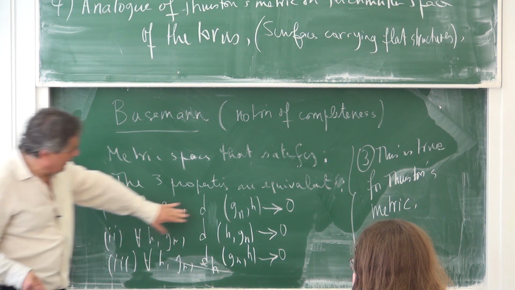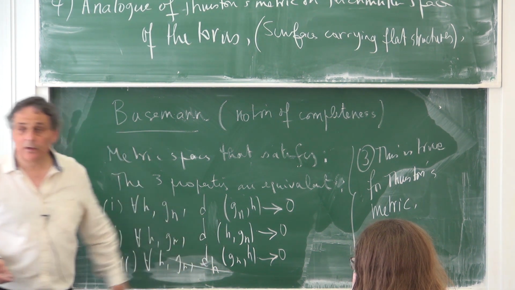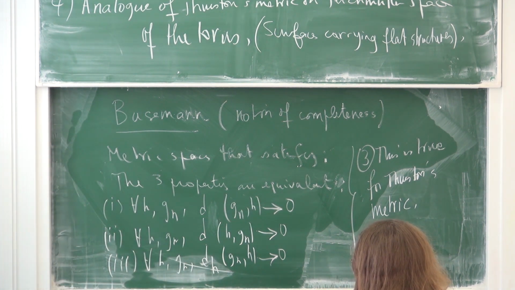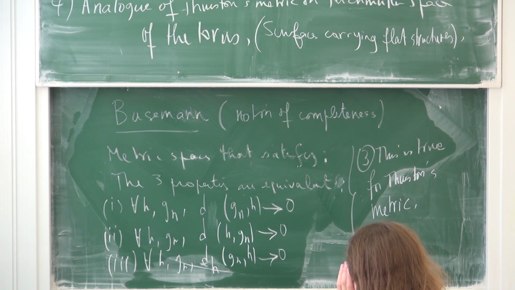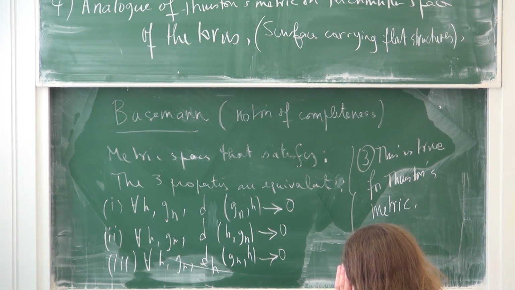You can use either the left or the right or the symmetrized. So this is the right notion of completeness, I think. And the Cauchy sequence will be just a Cauchy sequence in the symmetrized metric. Yes, exactly. So this is just completeness of the symmetrized metric.